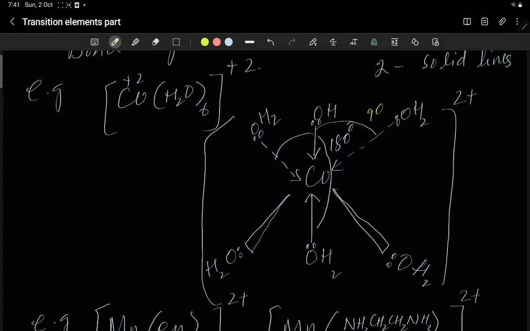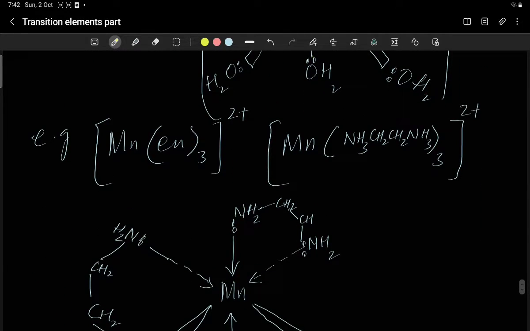These 2 lines are one above and one below, and the angle between them is 180 degrees, while the 2 dotted lines and 2 wedges give an angle of 90 degrees.